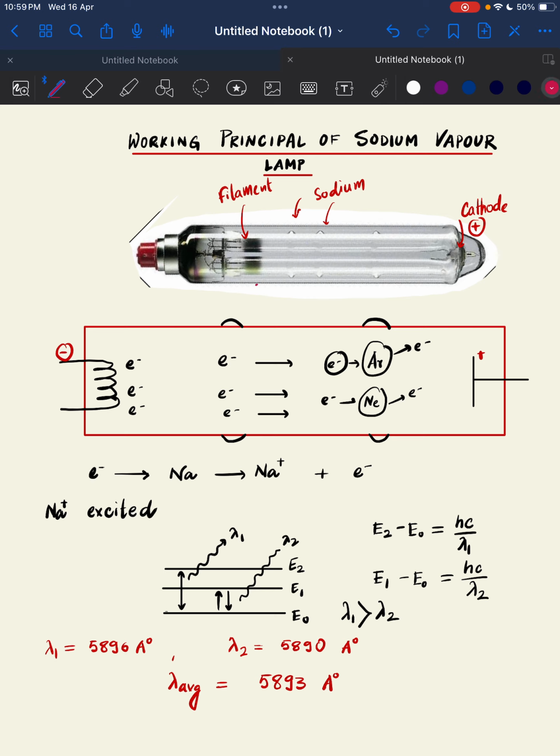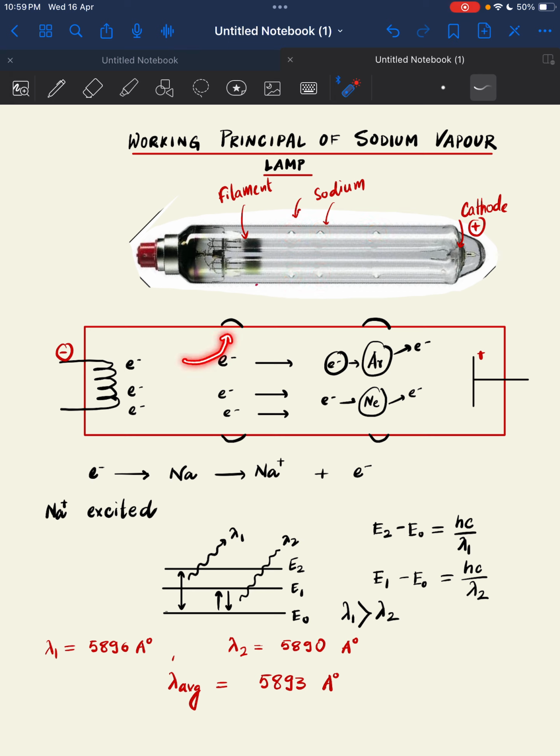color. Now gradually, as these electrons collide with the argon and neon, they will excite them, and due to the heating of this filament, the argon and neon gas particles will carry heat towards different parts of the tube. In this process, the solid sodium atoms, which are initially at these locations, or can be randomly anywhere in the gas tube, will be heated.